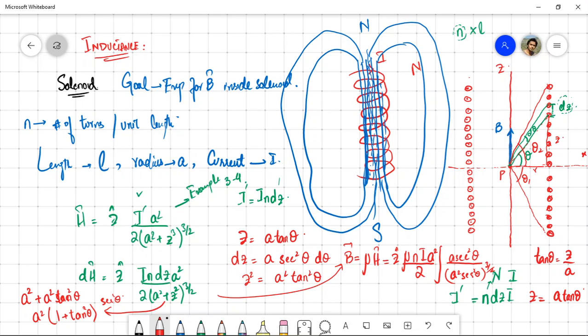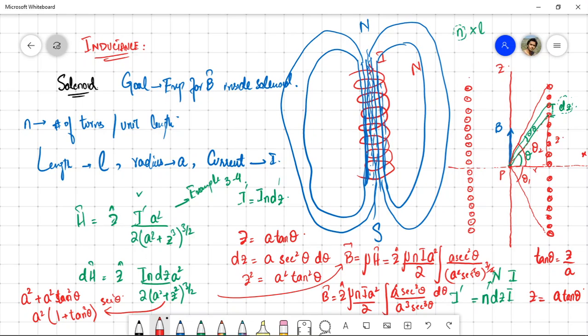So this 2 is going to be cancelled and this 3 will come inside, and we'll rewrite it as B is equal to z hat mu n I a square divided by 2, and then here we have a secant square theta divided by a cube secant cube theta, and then we'll have d theta.